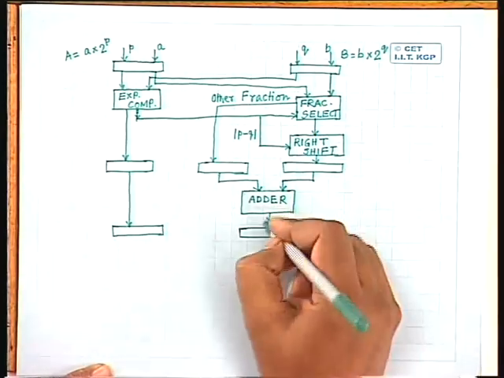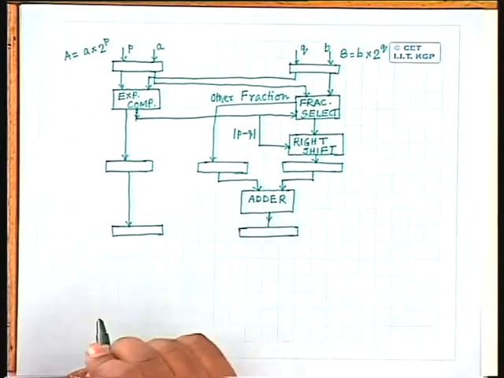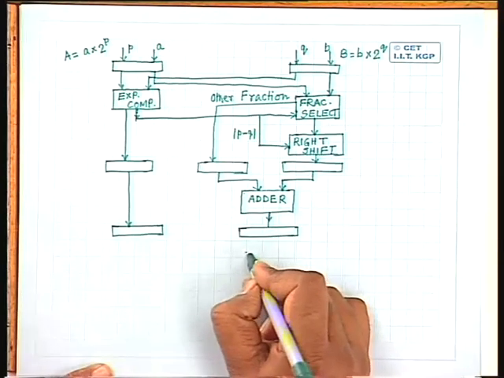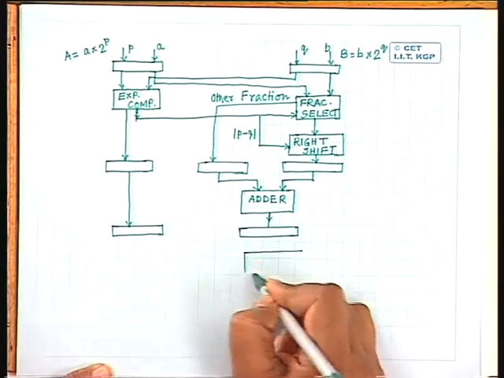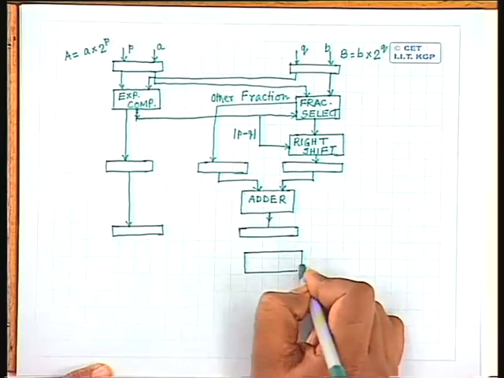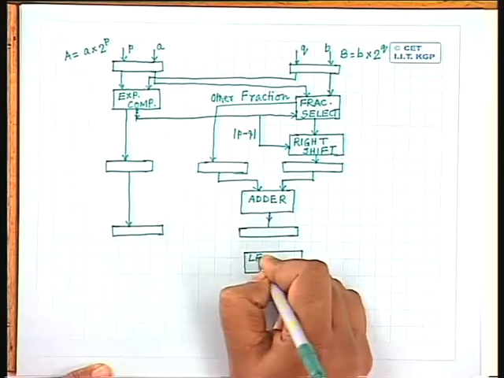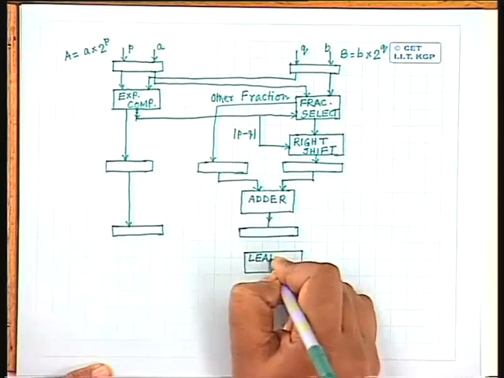Okay. So this gives you the resultant fraction. After the resultant fraction, typically what we need is a leading zero counter for renormalization of the resultant fraction. So here I have to have a leading zero counter.